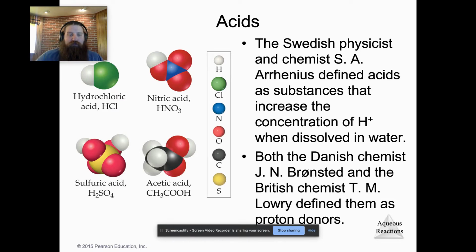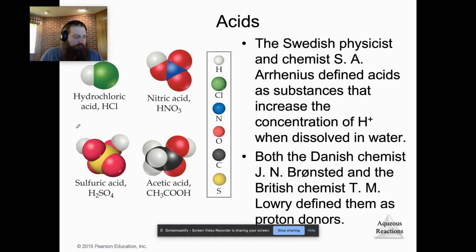So when HCl goes into water, we would expect HCl to dissociate into H+ and Cl-. This is going to increase the concentration of hydrogen ions in solution, and so we would say HCl is an acid.